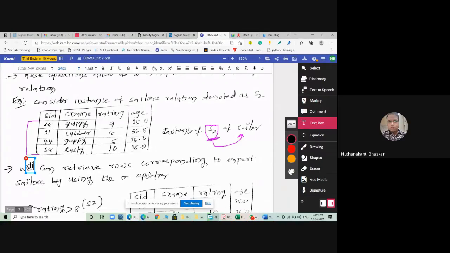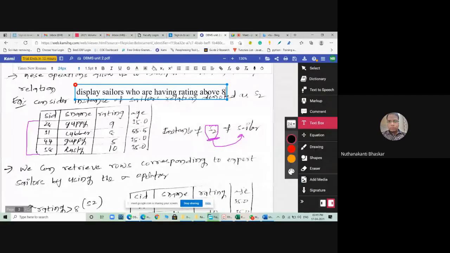Are you writing the question? Very important. Display sailors who are having rating above 8.